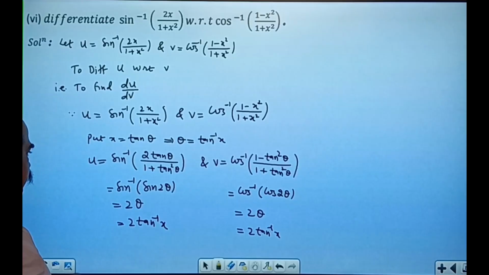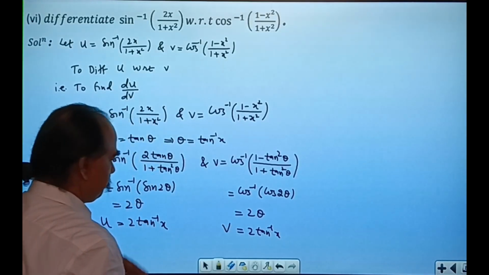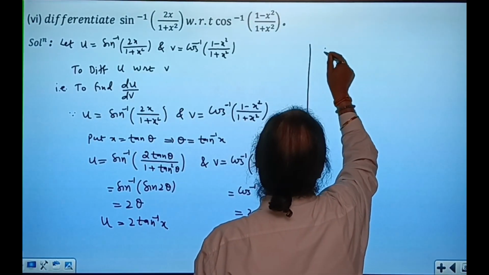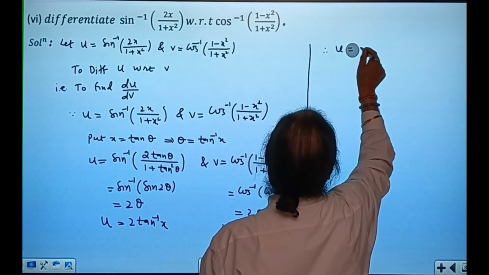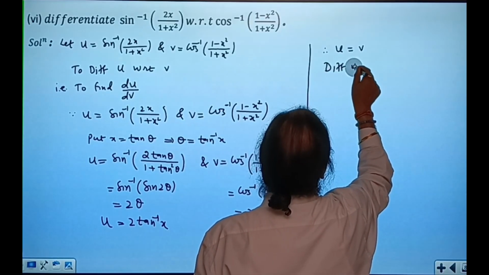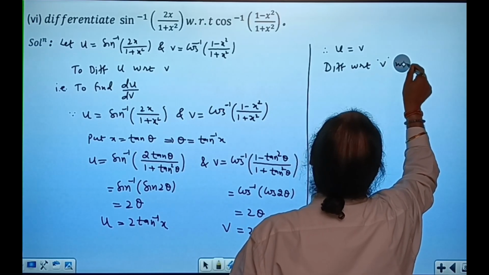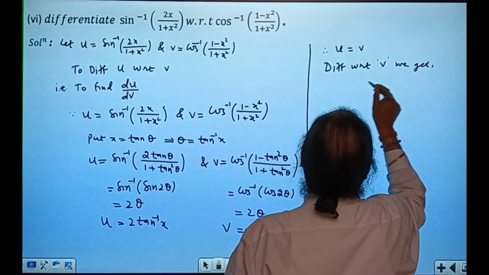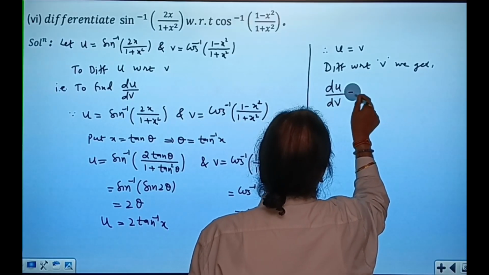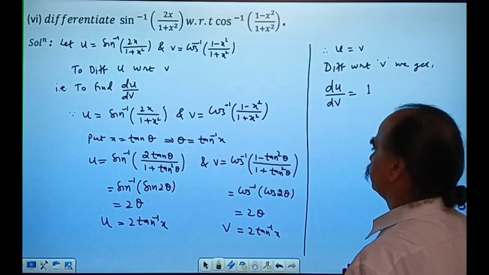Both u and v are 2 tan inverse x. Therefore, u is same as v. Differentiating with respect to v, we get the derivative of u with respect to v is what? Derivative of v with respect to v is what? 1.